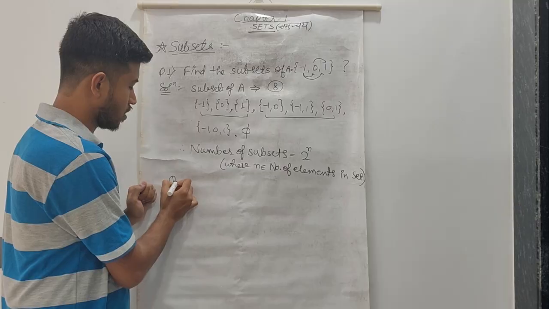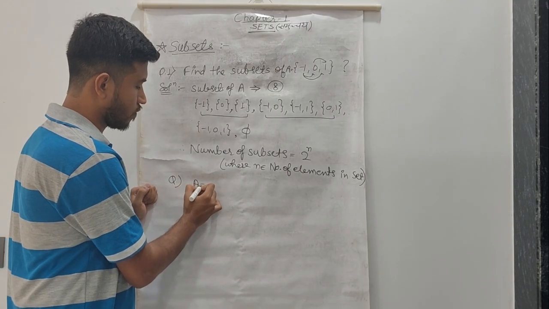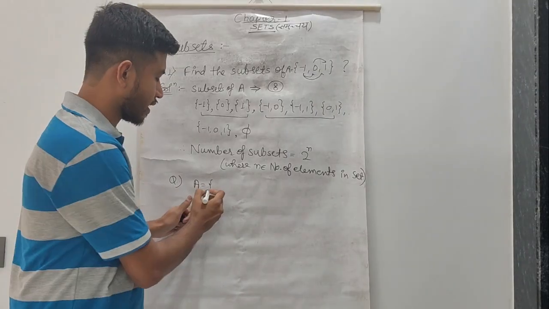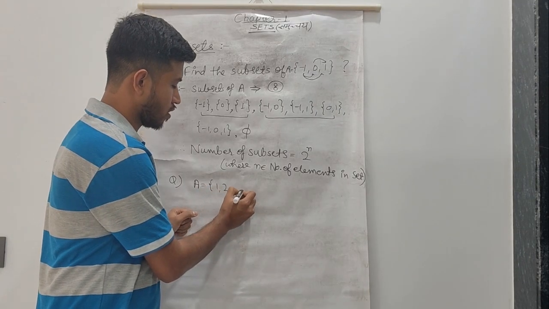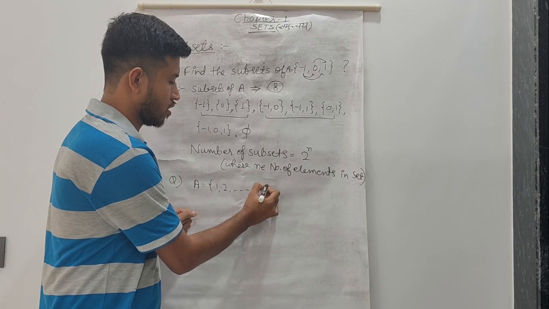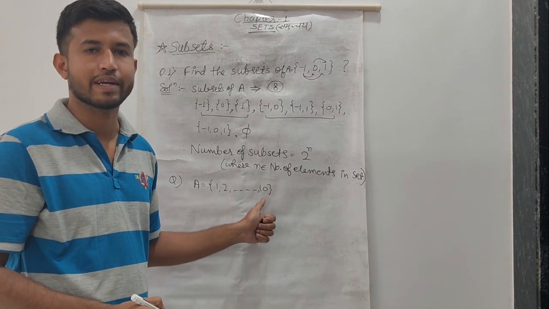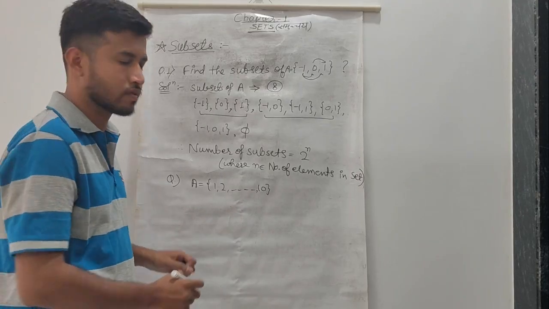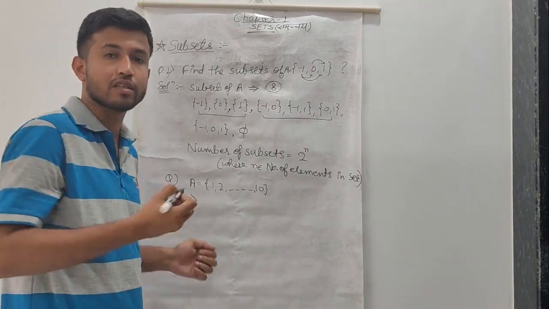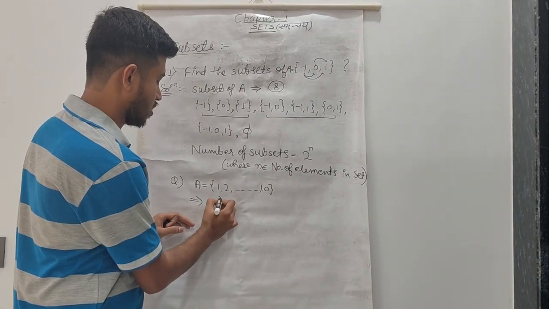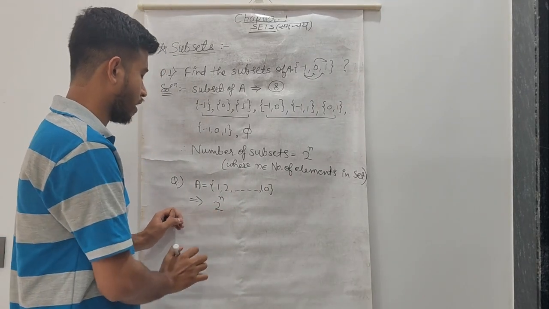For example, if I ask you for set A, how many subsets does this set A have? We can directly conclude by this formula, 2 to the power n.